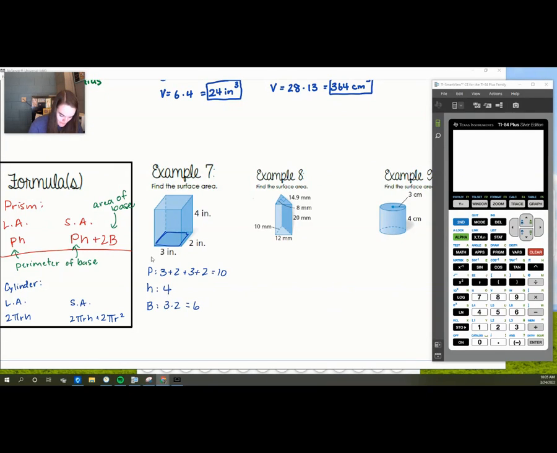So surface area is equal to 10 times 4 plus 2 times 6. 10 times 4 is 40. 2 times 6 is 12. 40 plus 12 is 52 inches squared. We're back to area, so it is squared.